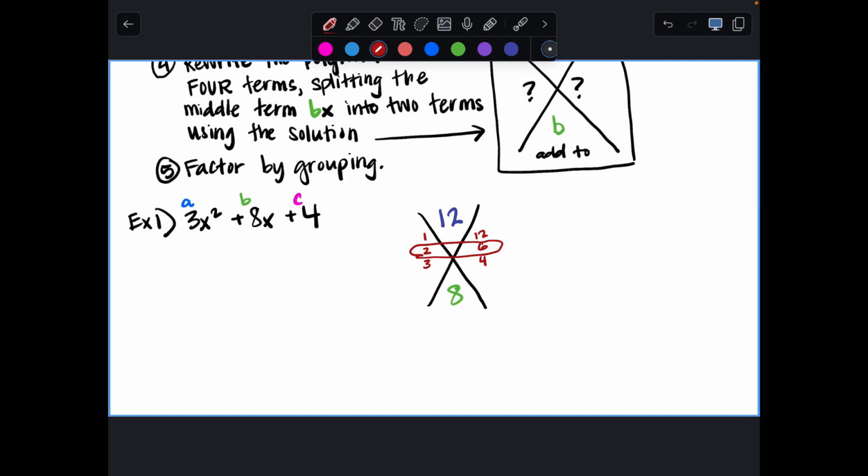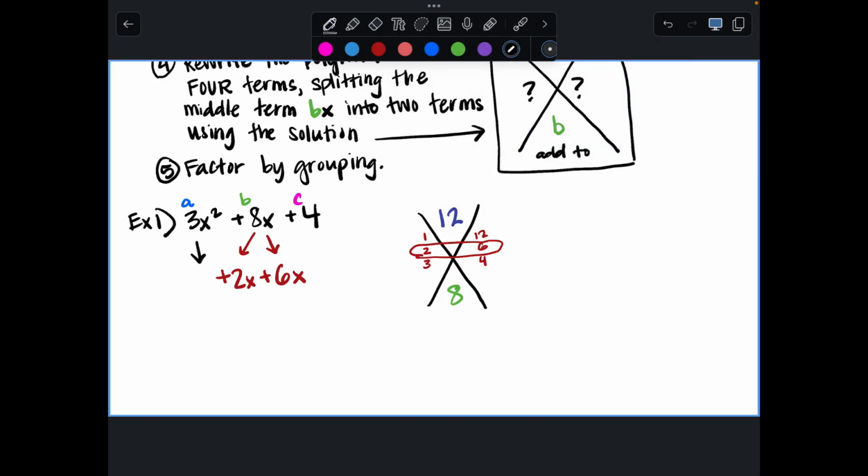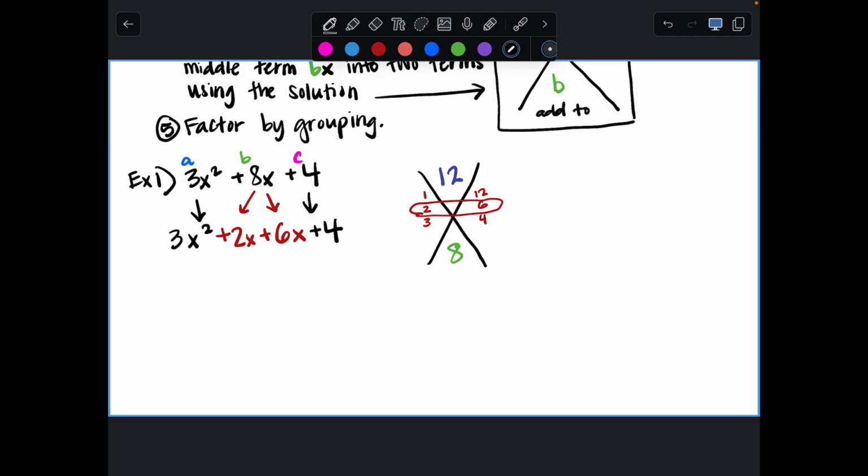Now that I have my solution, I'm splitting the middle term. Instead of 8x, it's going to be 2x and 6x. These other two terms just come down. And now our expression looks like what we did yesterday, which was factoring by grouping. So we split the term here.